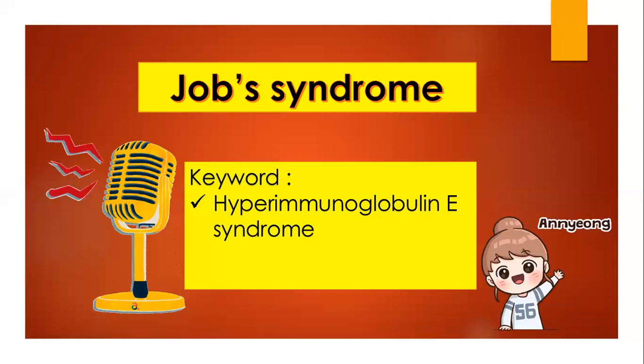So the main defect for this Job syndrome is the abnormal chemotactic function. Whenever there is a defect in chemotactic function, it can be a result of abnormalities in the production of chemotactic factors, or there is an abnormality in the inactivation of chemotactic factors, or it can be a result of intrinsic defects of the cellular machinery that is necessary to effect a migratory response.